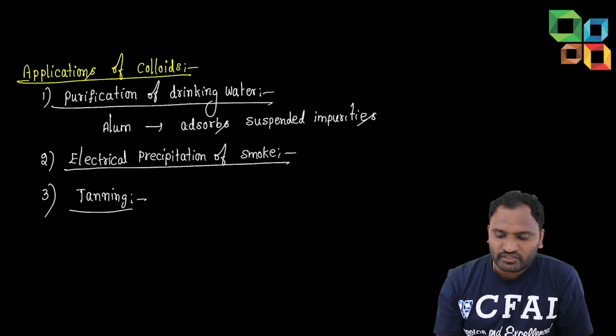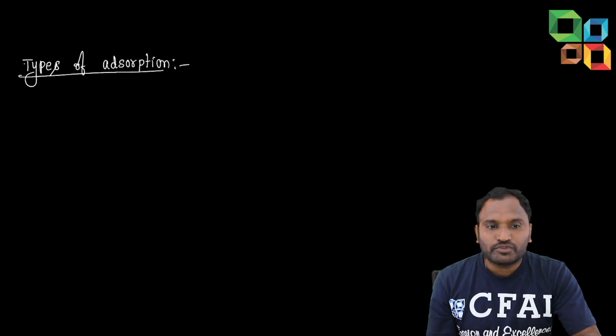Now you can read also. And at the end, students, it's anyway finished. I want to give one more important small topic. It may finish within 5 to 6 minutes. Types of adsorption. Only adsorption I taught. Types of adsorption is important for competitive examinations. Actually, it is not in this material in the beginning; I am giving this extra.